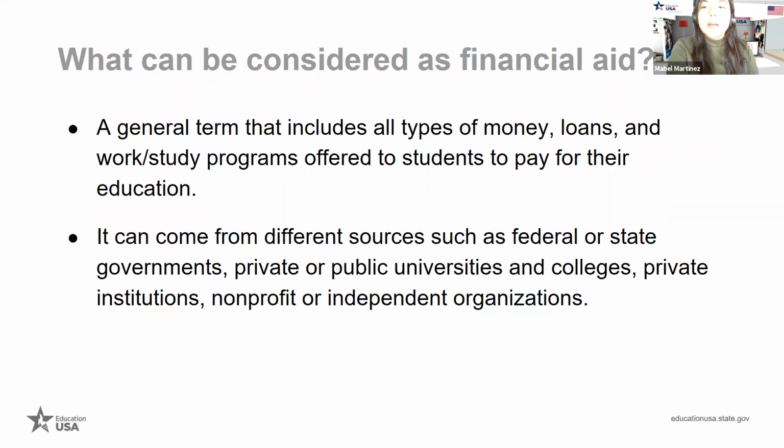Before going to the most common types of financial aid available for graduate students, I would like to define what we understand as financial aid. Basically, it's a general term that includes all types of money, loans, and work study programs offered to students to pay for their education.